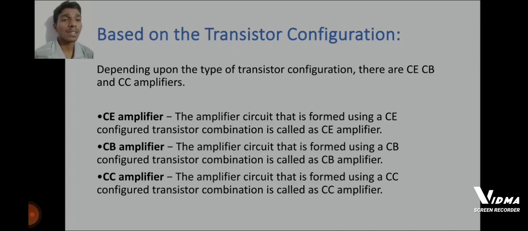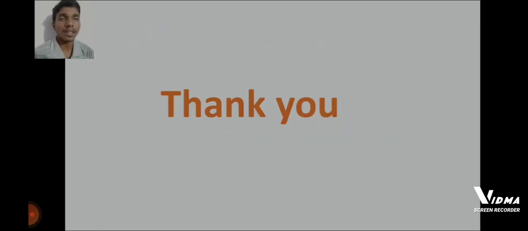The amplifier circuit which is formed by using the CB configuration of transistor is called a CB amplifier. Similarly, the amplifier circuit formed by using the CC configuration of transistor is called a CC amplifier, that is, common collector amplifier.